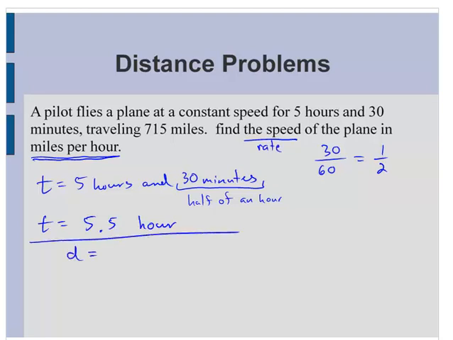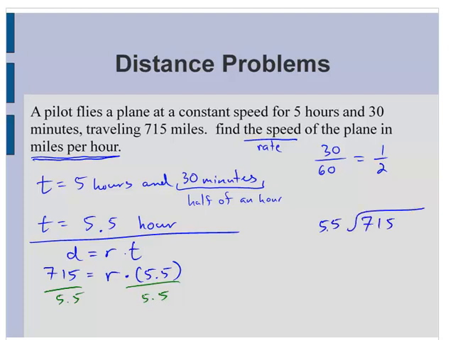So, distance equals rate times time. 715 equals R times 5.5, dividing through by the 5.5, going through the long division, moving our decimal appropriately. 55 divides into 71 once. 55 divides into 165 3 times.